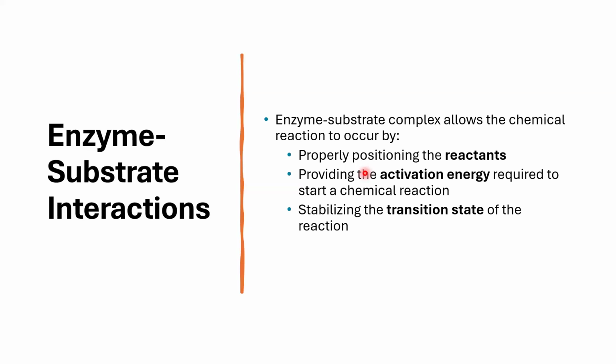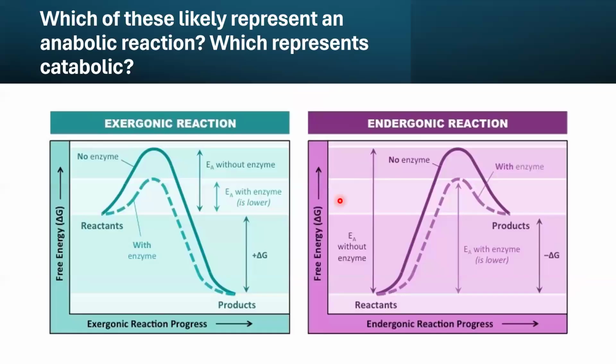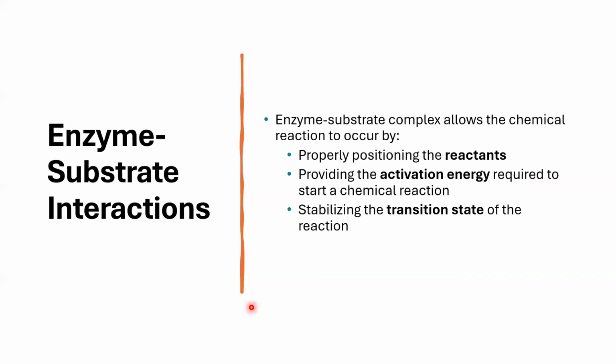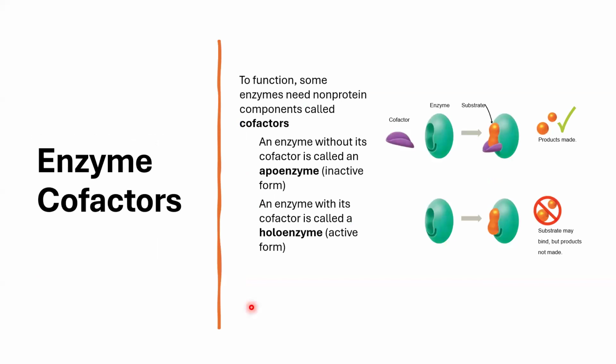And one of the ways they do that is by stabilizing it through that transition state. So when we go back and look at this graph, they stabilize it. This is where it's most unstable. And then when it hits this transition state, it's going to come down and make the product. And so they help position it in a way that it's stable during that transition.